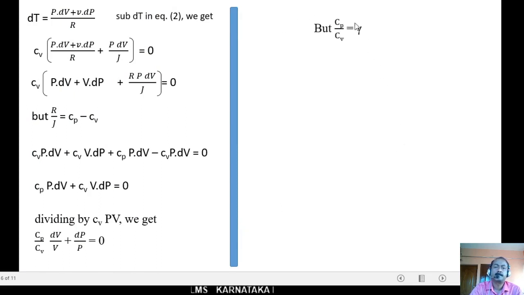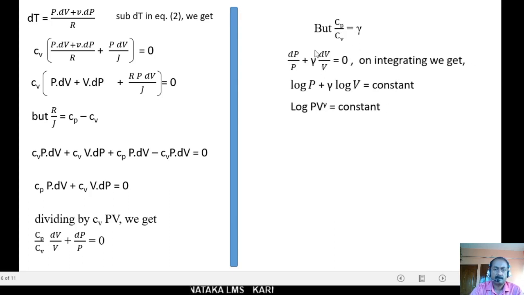But Cp upon Cv is equal to gamma, the specific heat ratio. Then the above equation becomes dP by P plus gamma into dV by V is equal to 0.